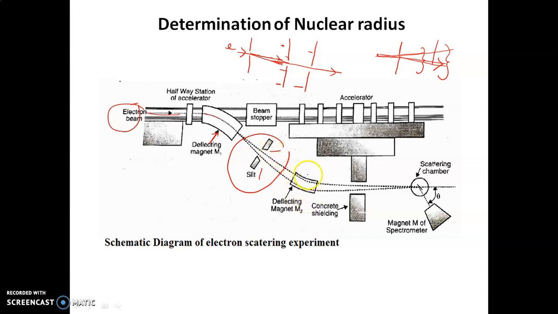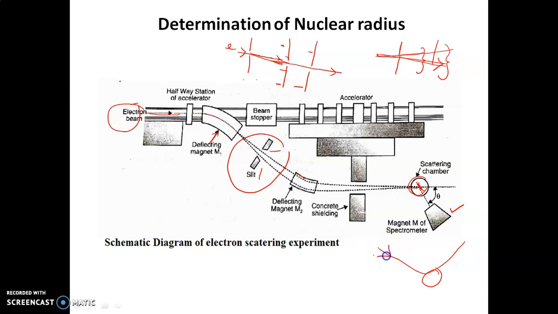And then we have another pair of deflecting magnets, and they reach a chamber where we have a material at which this electron beam is targeted. After that we have a magnetic spectrometer, by which you can measure by what angle the scattering has happened.